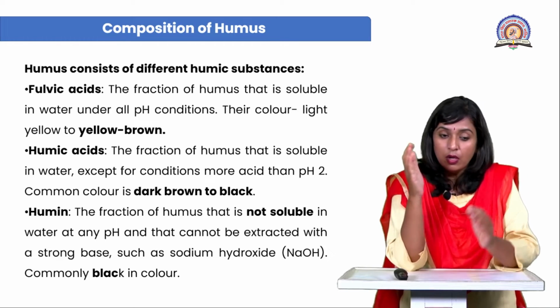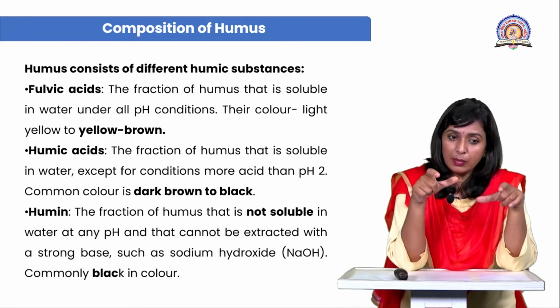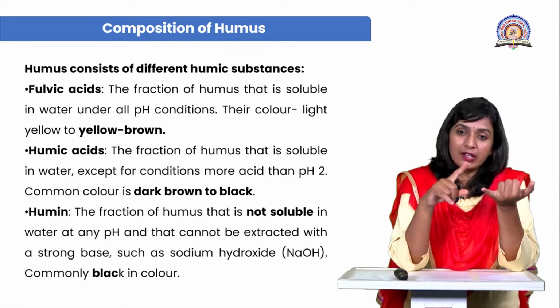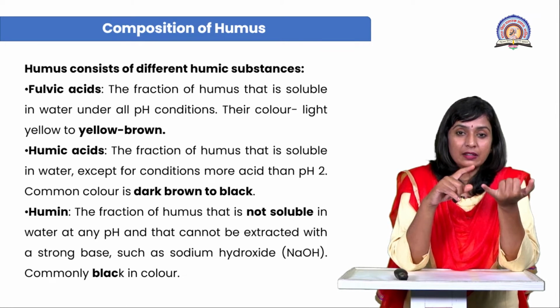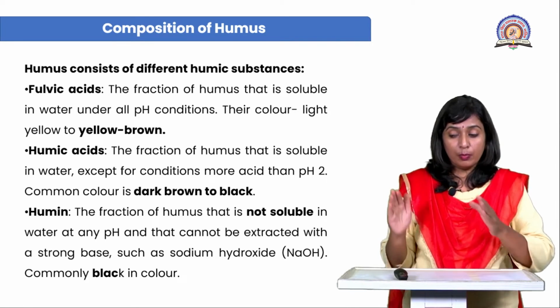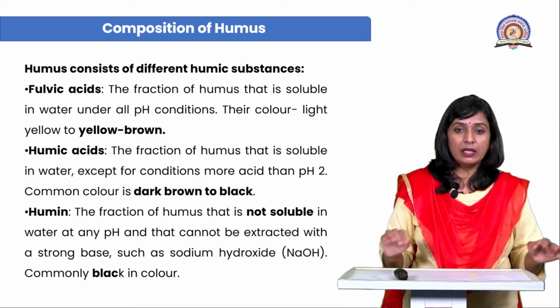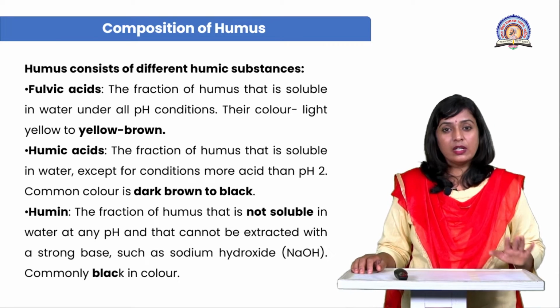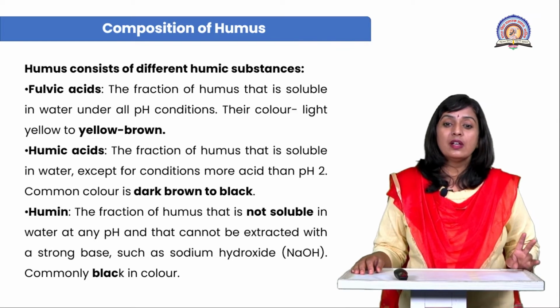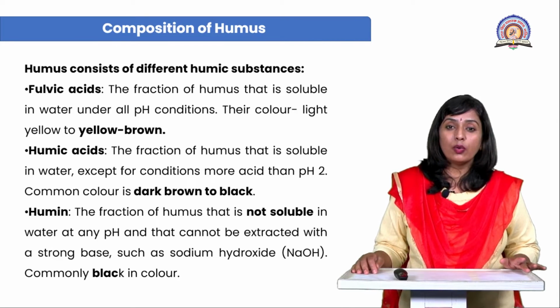A fraction of the humus is soluble in water at any pH, meaning at acidic pH, at alkaline pH, as well as at neutral pH. At any pH, a part of the humus is soluble in water. Right? So that is said to be fulvic acid, and this fulvic acid is light yellow to yellow-brown in color.